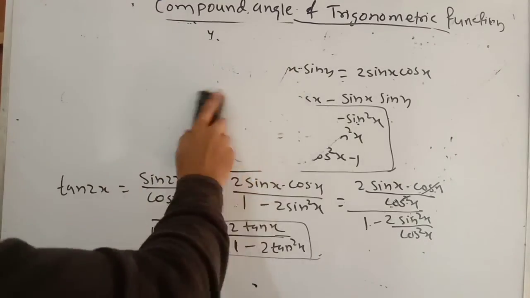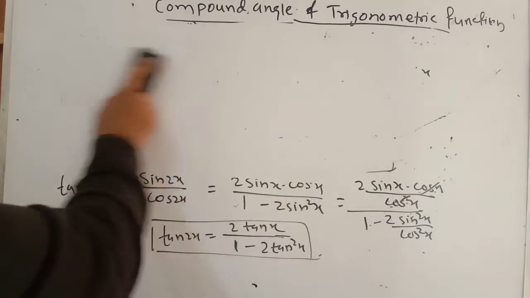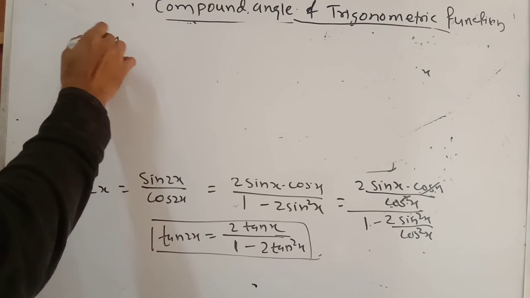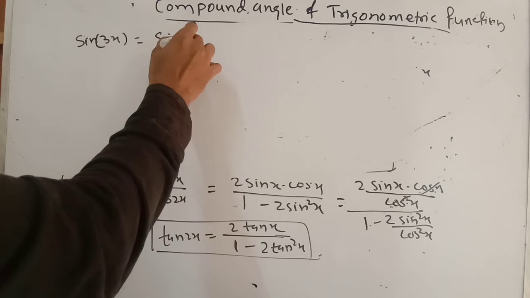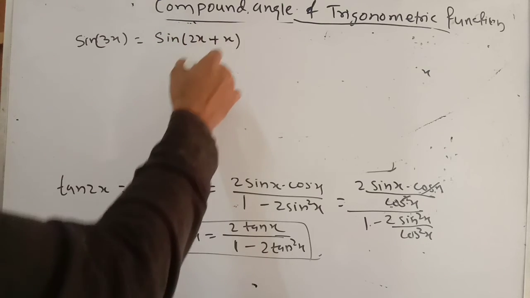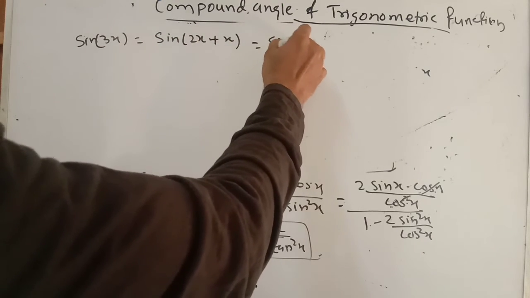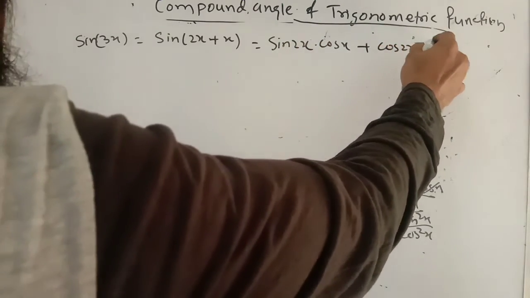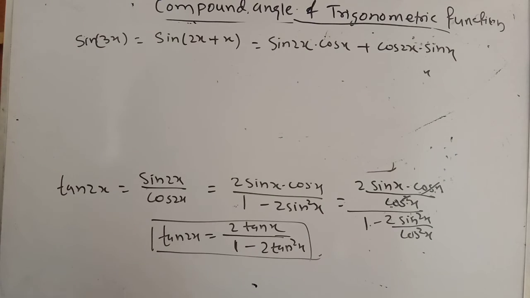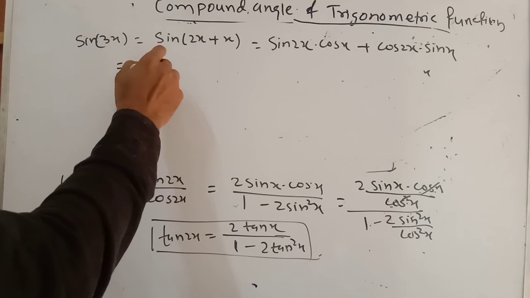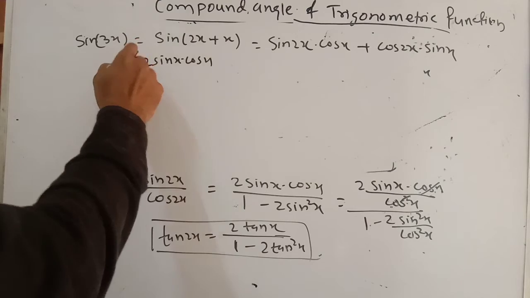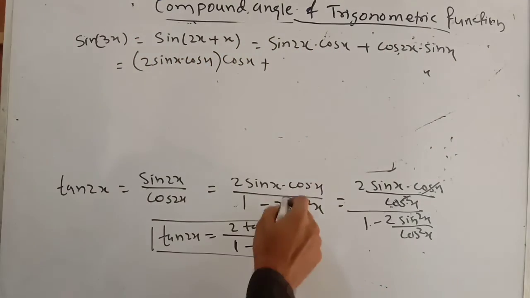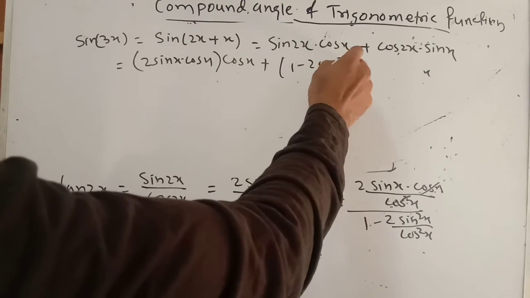Similarly, we can also find sin 3x and cos 3x. Sin 3x you can break as sin(2x plus x), which is sin 2x cos x plus cos 2x sin x. Now write sin 2x as 2 sin x cos x, and cos 2x as 1 minus 2 sin square x.